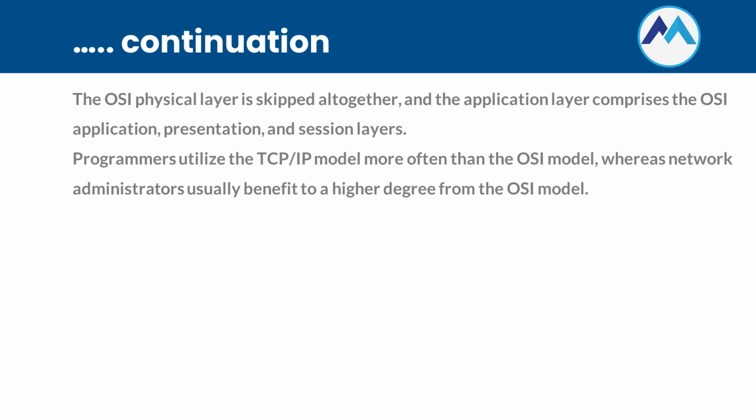Programmers are generally interested in the interfaces made to the application and transport layers. Anything below the transport layer is taken care of by the TCP/IP stack within the operating system, which is set in stone. Programs can be made to utilize the TCP stack, but not to modify it.